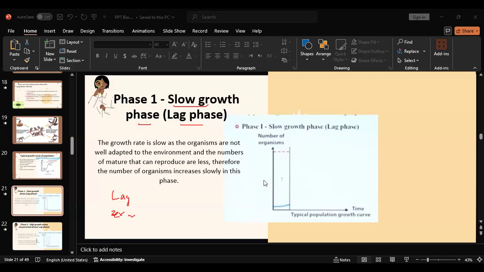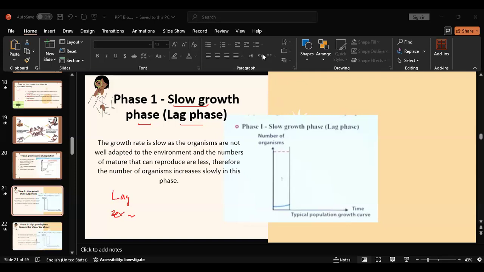For example, when a particular population is introduced to a particular area, the organism is new to that environment, so the organism is not adapted to that environment.